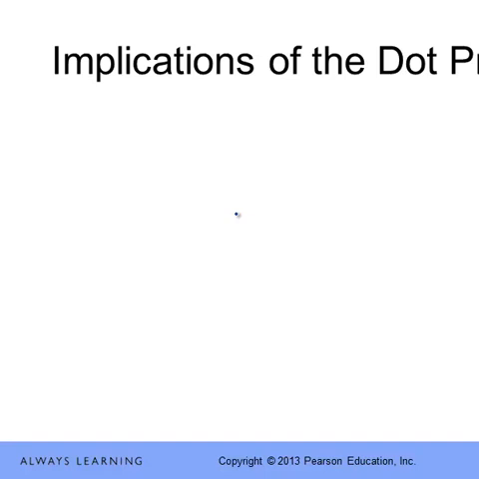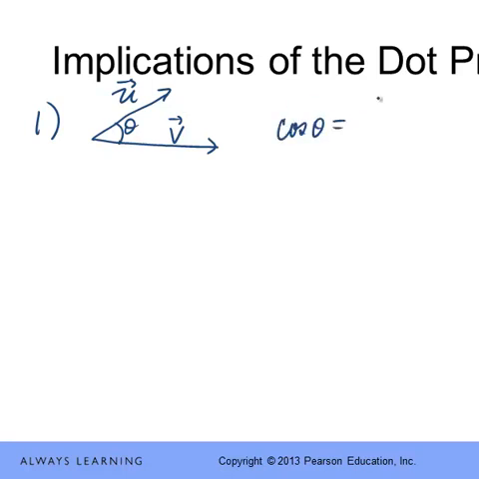Now, see number one toward the top of page 804. If you've got two vectors, u and v, and you want to find the angle between them, then you could write cosine of theta is equal to u dot v divided by magnitude u times magnitude v.